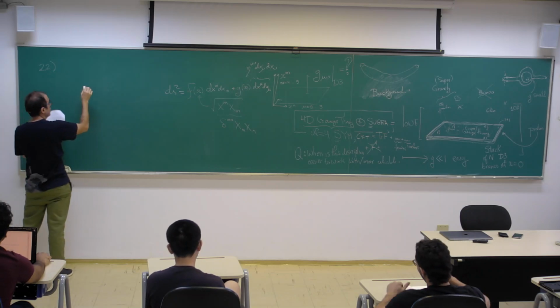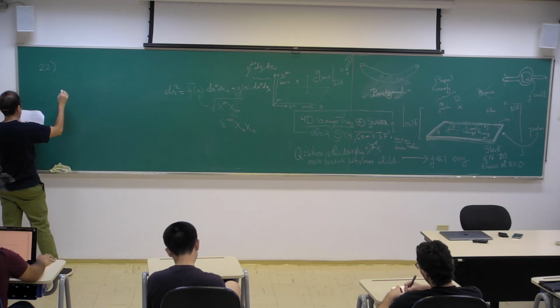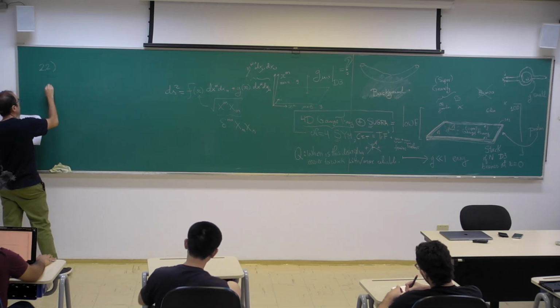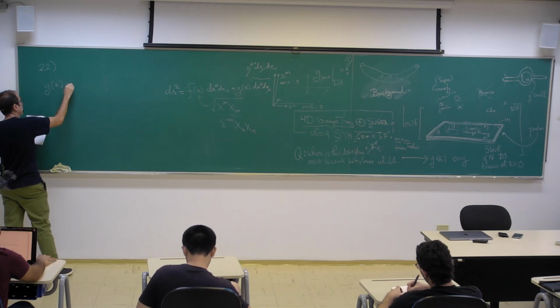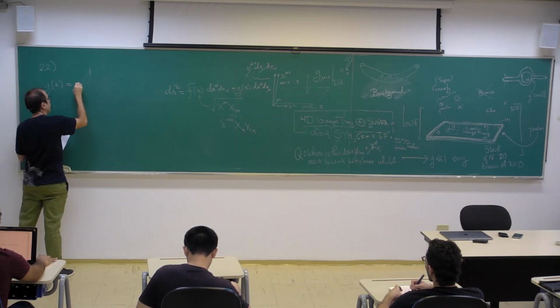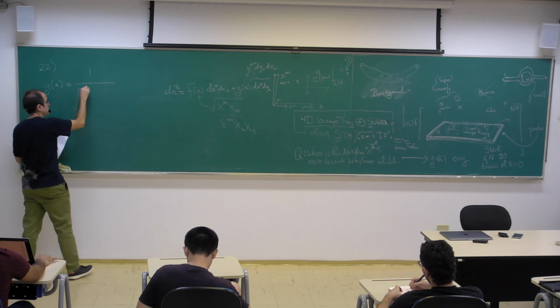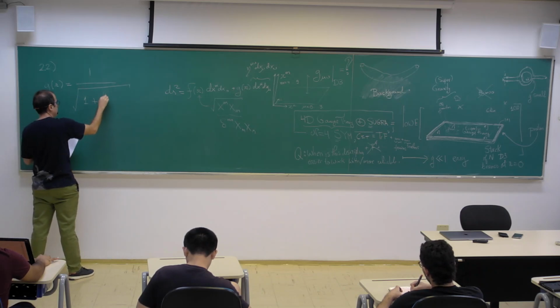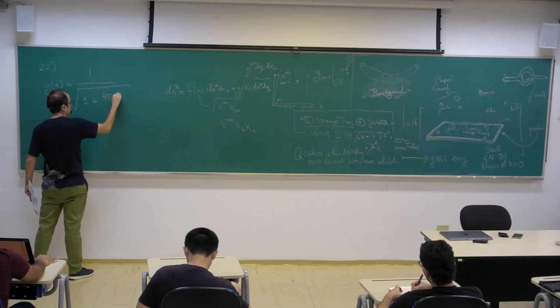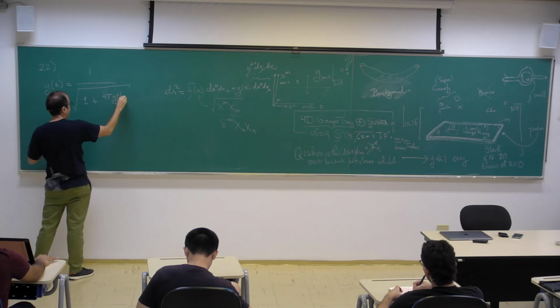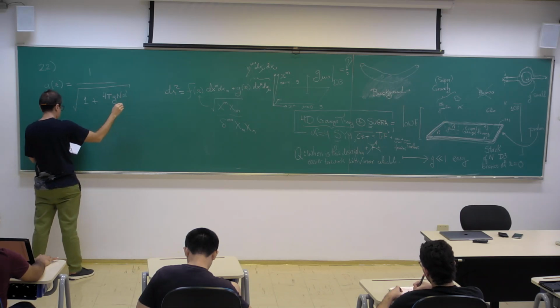You find that g of r is equal to 1 over the square root of 1 plus 4 pi g N alpha prime squared, a bunch of constants.